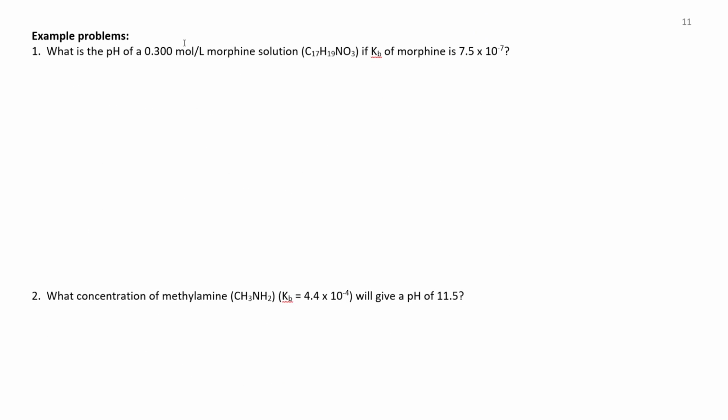So example 1. What is the pH of a 0.3 molar morphine solution if the Kb of morphine is 7.5 times 10 to the negative 7? Again, these calculations are going to be similar to the ones that we did with weak acids because they exist in equilibrium with water. So I'll start with my chemical equation.